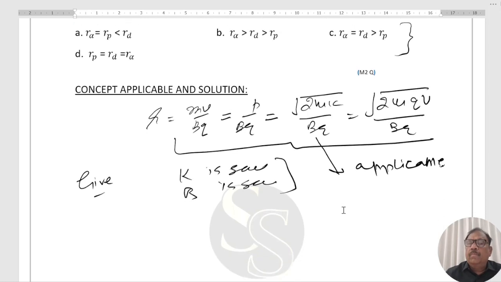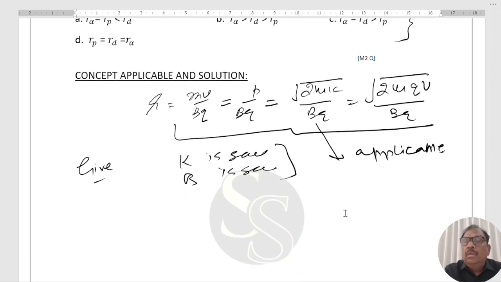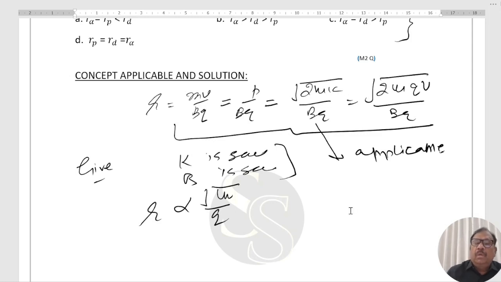Therefore, R will be proportional to root m by q. This is the constant of proportionality.